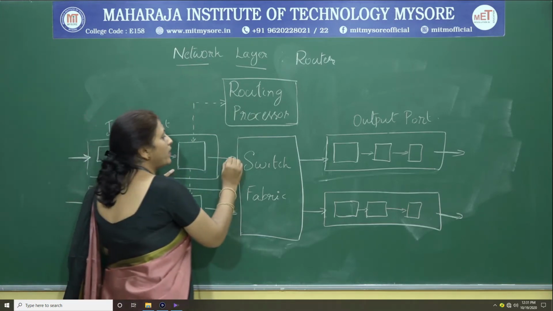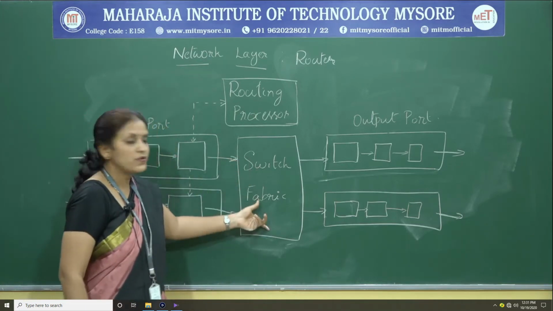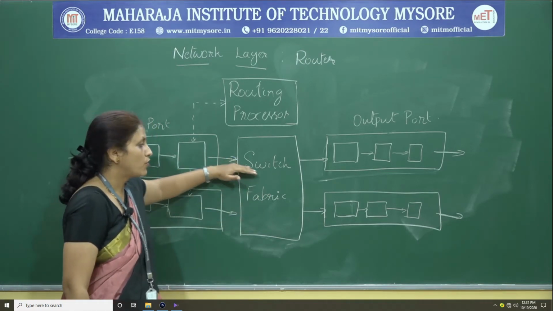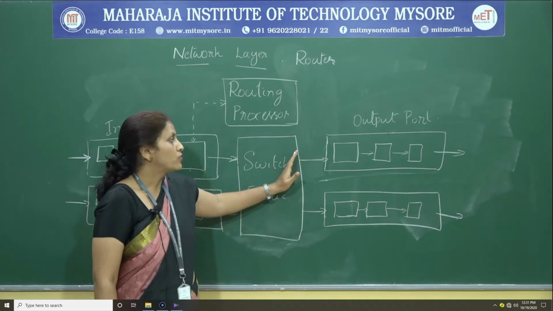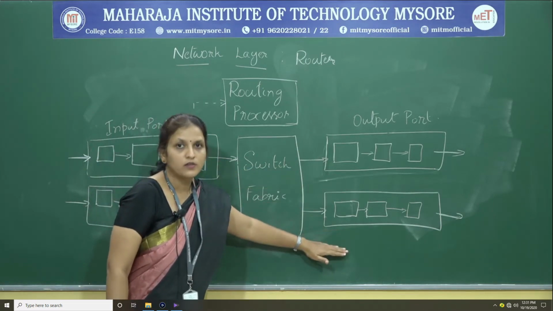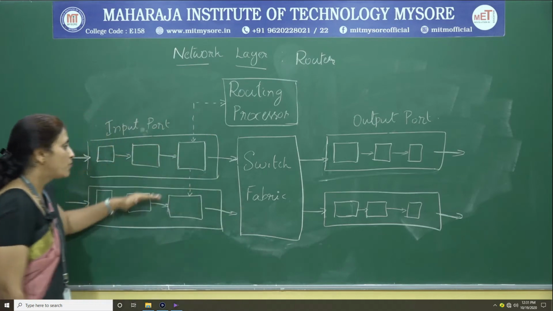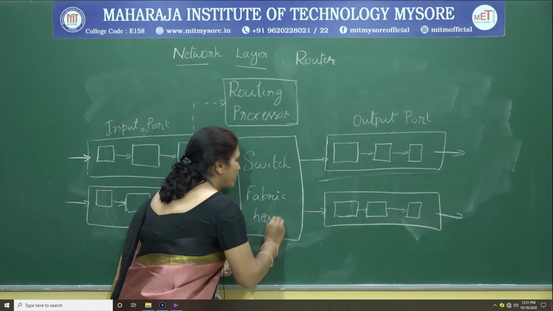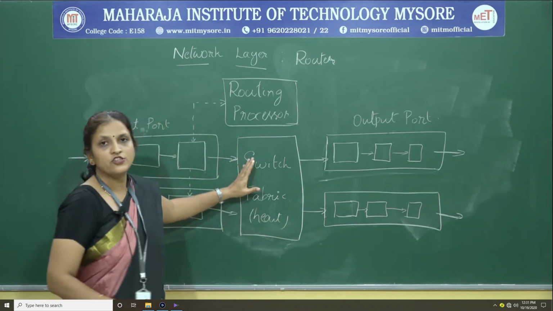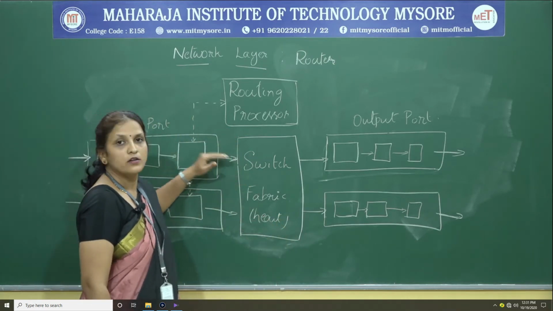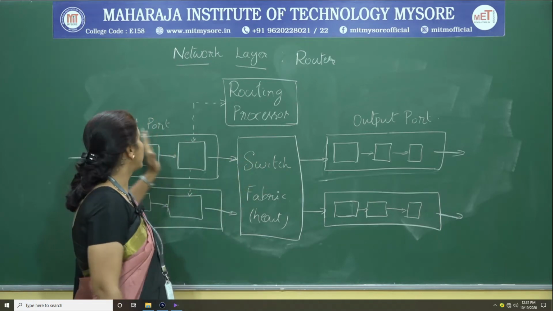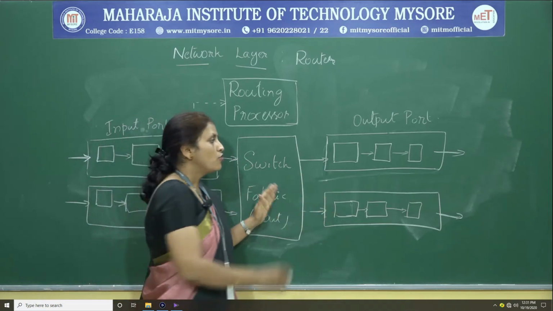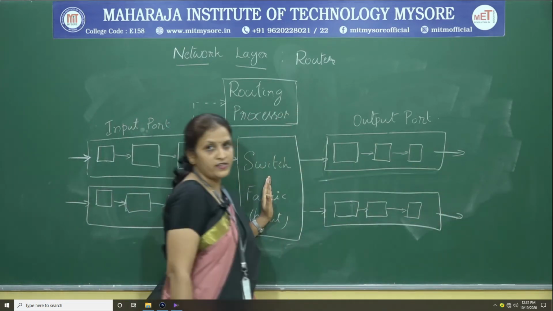The packet is then moved on to the switching fabric, which maps between the input port and the appropriate output ports. There will be plenty of output port lines here, and plenty of input port lines here. So the switching fabric acts as the heart here. It connects or pushes the packet coming from the input port to the appropriate output port in order to make it go to the next router.